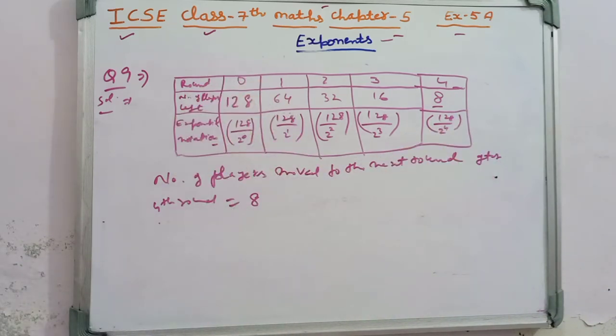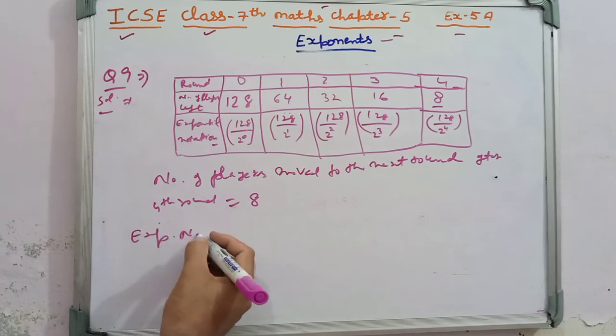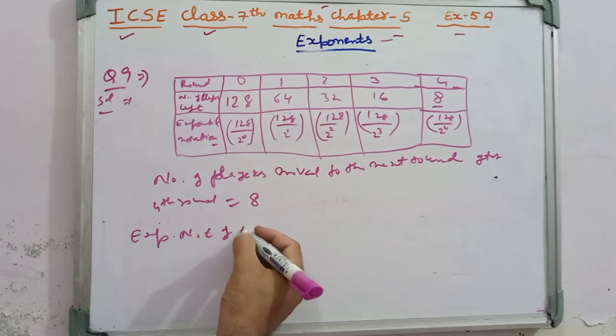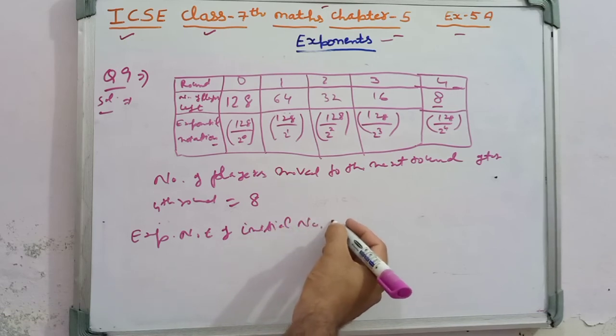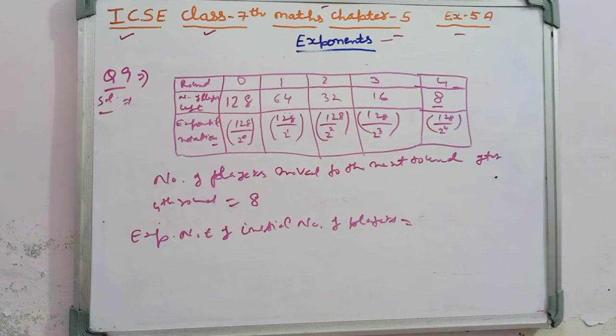Second, he has asked to express this number in exponential notation of the initial number of players. What is the exponential notation?